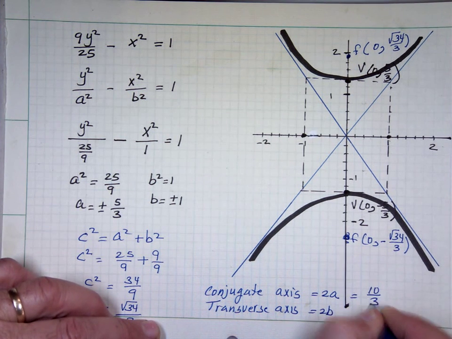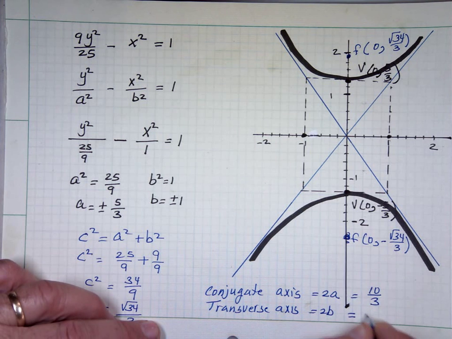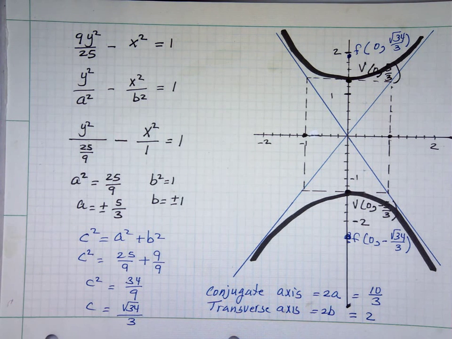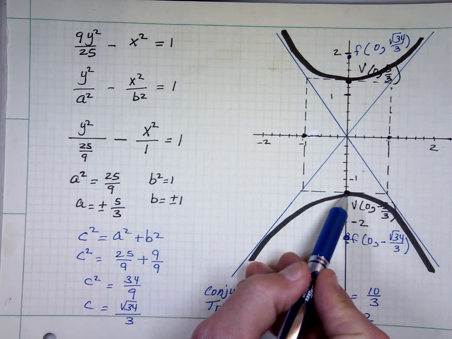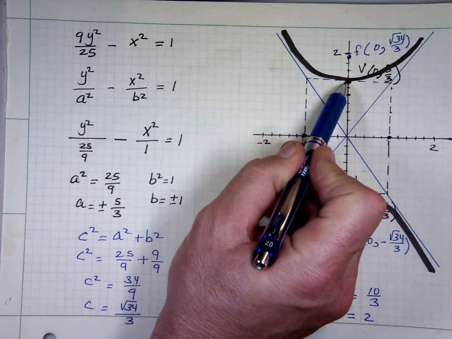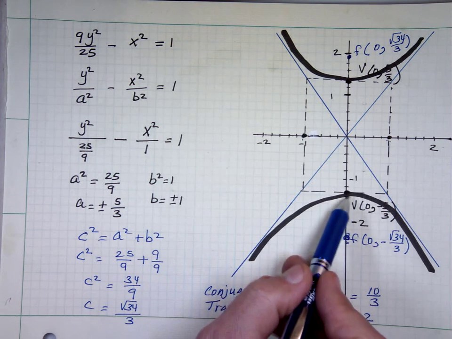What's twice B in this example? 2. B is 1. So the transverse axis, the distance from here to there, conjugate axis from vertex to vertex, right here. That's 10 over 3.